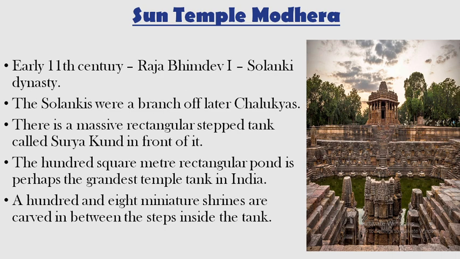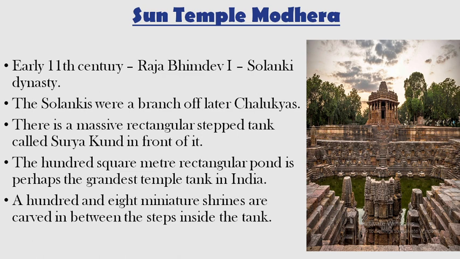This is a massive rectangular stepped tank called Surya Kund in the Sun Temple of Modhera. It is just in front of the temple. The 100 square meter rectangular pond is perhaps the grandest temple tank in India. 108 miniature shrines are carved in between the steps inside the tank.